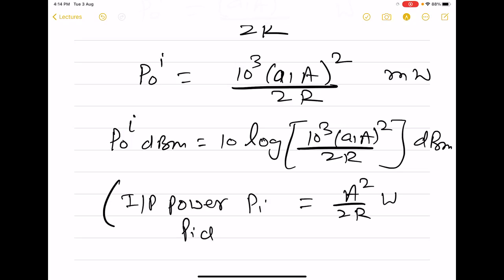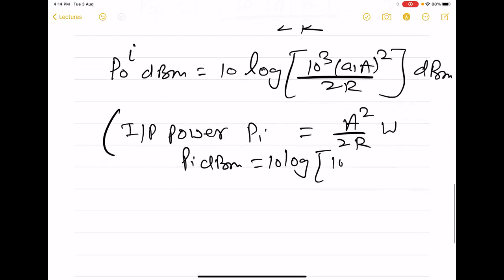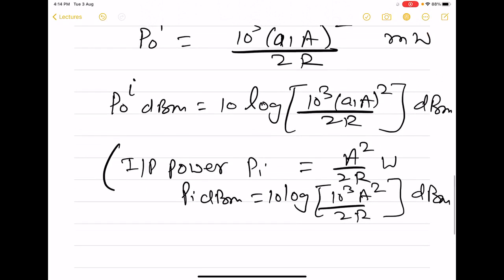So Pi in dBm is going to be 10 log 10 raised to power 3 A square by 2R dBm. So from this equation 3, we will separate out the input power term.